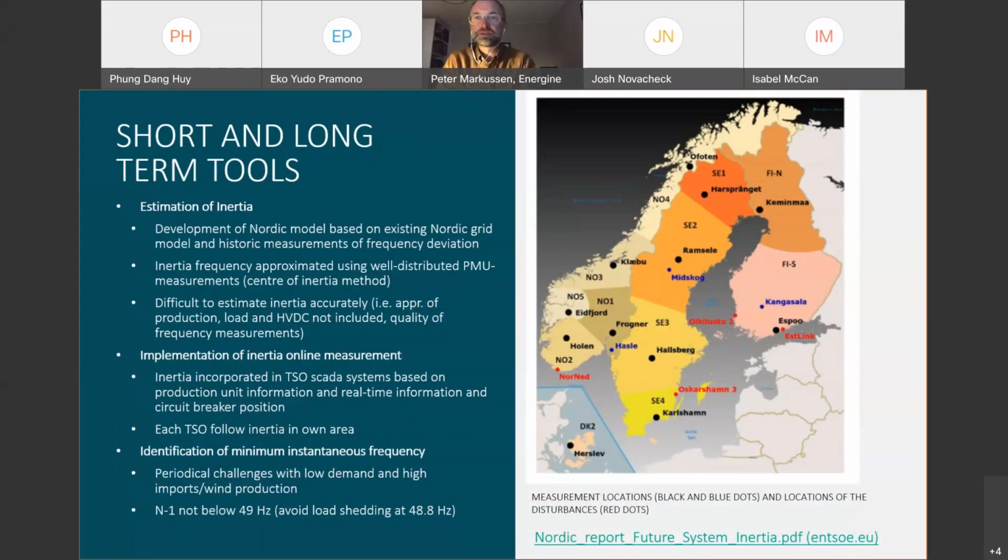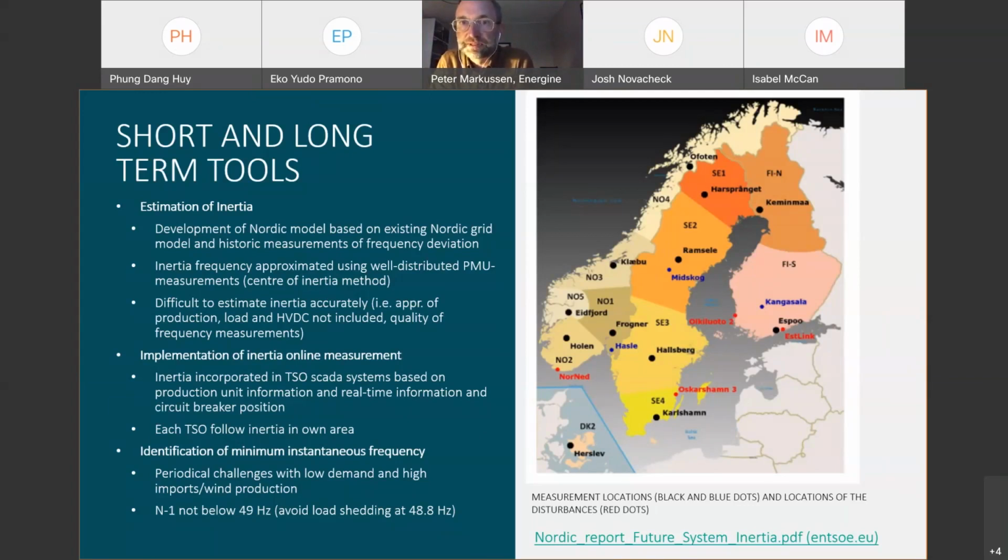When we looked at inertia, as was also very well explained by a representative from IPRI, we used the center of inertia method to look at the system inertia, where we used PMU data from transformer stations in each of the price areas that we have in the Nordics.